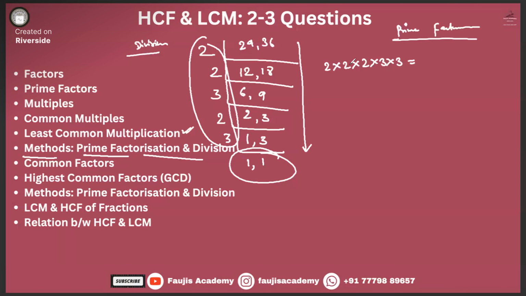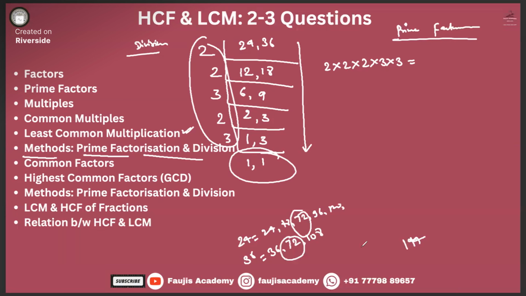Okay, we missed one number, 36. Sorry, guys. Look, the least common multiplication over here is 72, and not 144, right? Not 144.